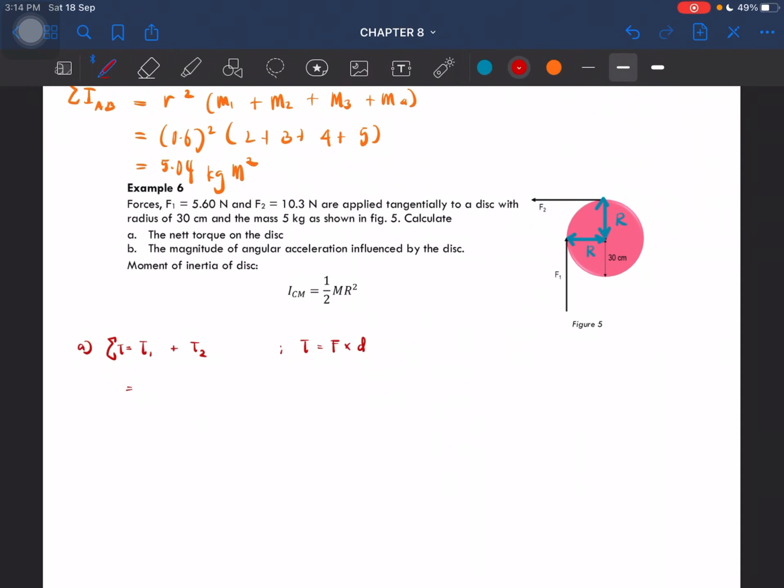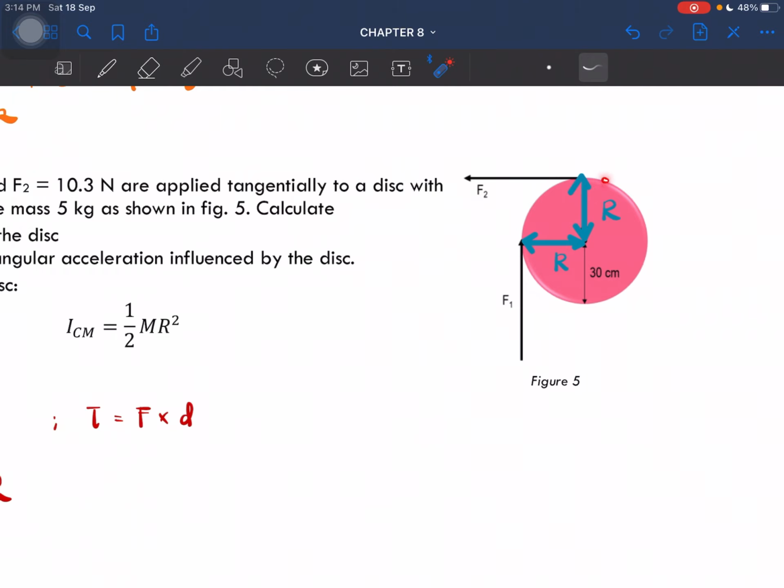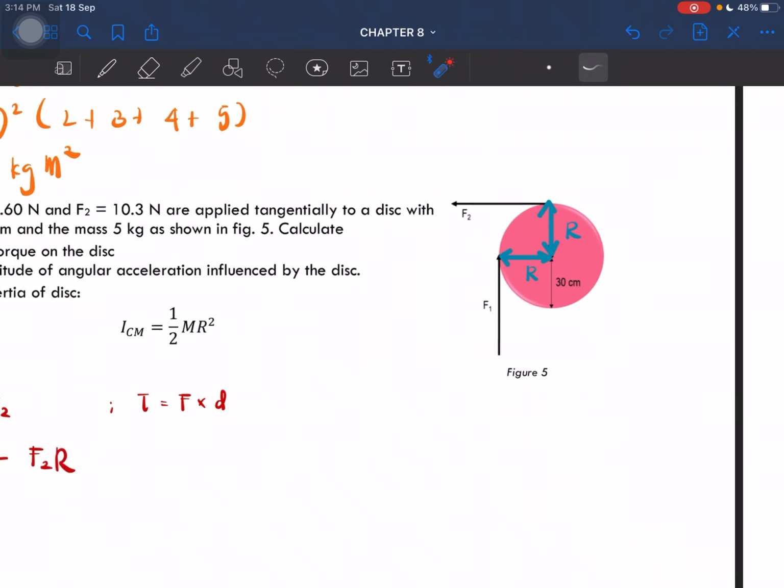Okay. So we then get F1 to be anti-clockwise, so this is gonna be positive F1 R minus F2 R. Why negative? Because now F2 is going clockwise. So if it's clockwise, the torque is gonna be negative.